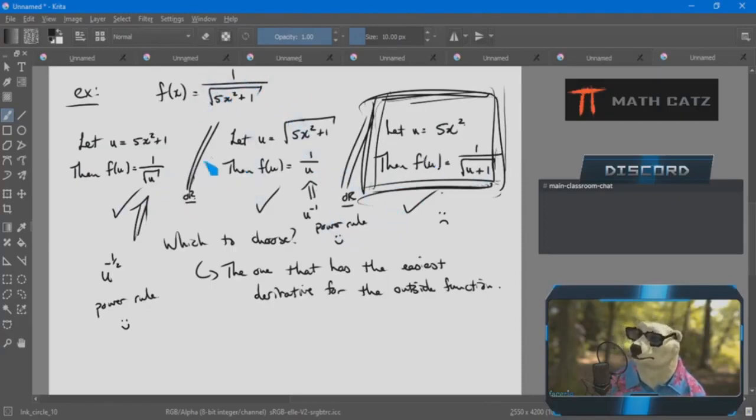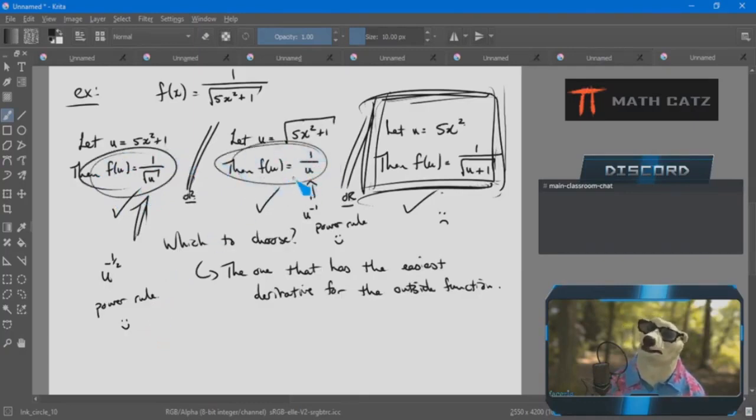Then pick one that is going to be convenient moving forward. And for that, I use the outside function and ask myself, how easy is it to find the derivative of this guy? Yeah, it's a power rule, pretty straightforward. So that's a good choice.